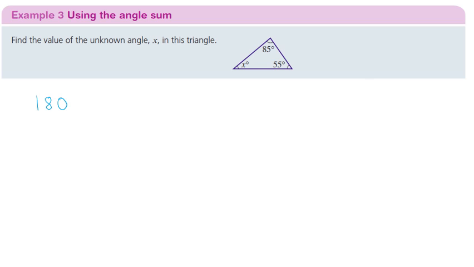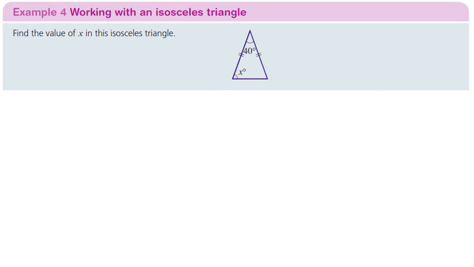So if we subtract the other two angles away, 180 minus 85 minus 55, then that's going to equal the third angle, X. So I put that into my calculator and that equals 40. So X equals 40.